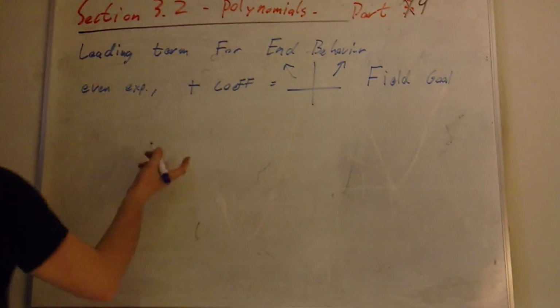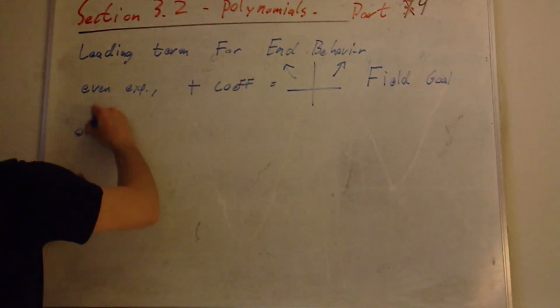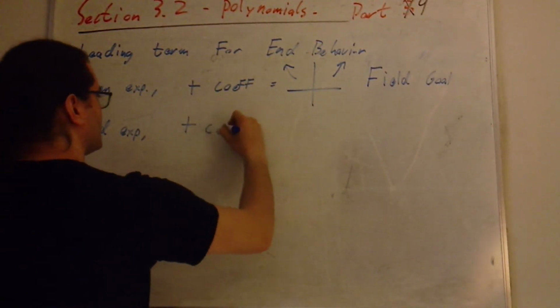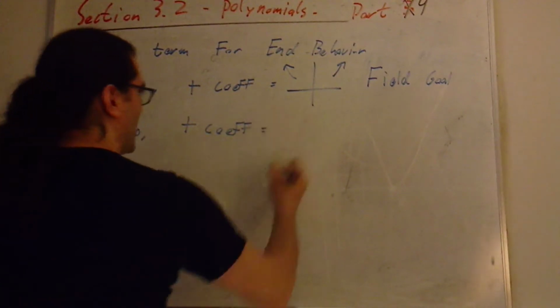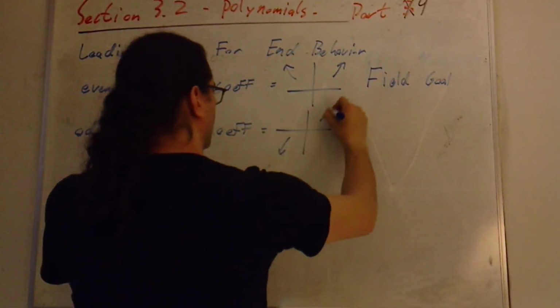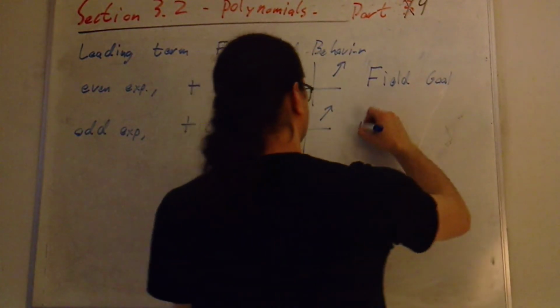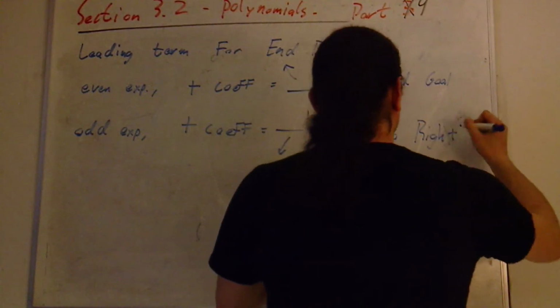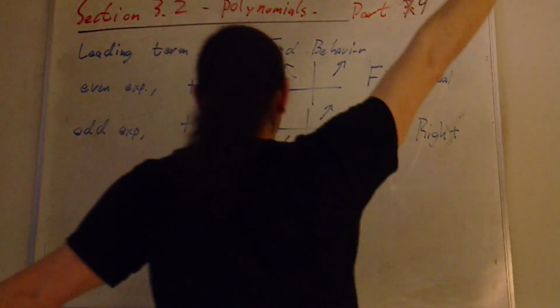The second example we looked at had an odd exponent, but a positive coefficient. And that resulted in what we called disco right.